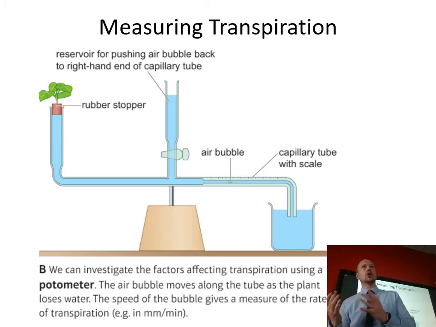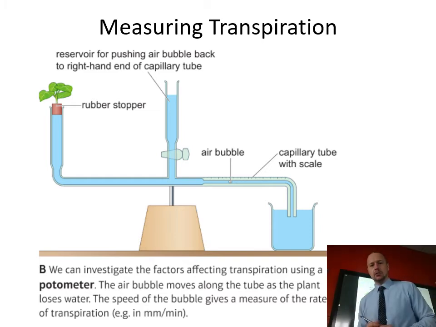It might happen quicker at daytime than nighttime because the stomata are closed at nighttime. There are many different reasons why we would want to measure it and why it would change in different conditions. But this is how we measure it.